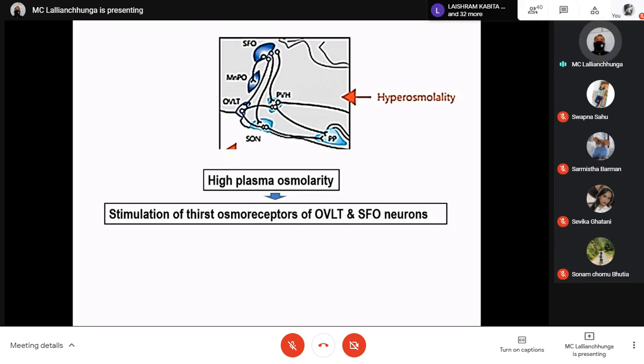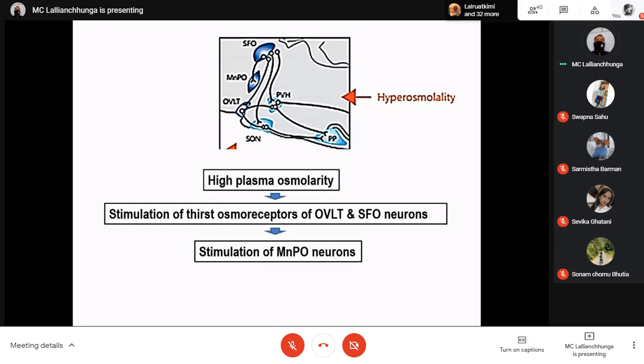In the interstitial fluid surrounding the osmoreceptor, there will be a high concentration of sodium, and osmosis will take place from the osmoreceptors into the interstitial fluid. So we can say that the osmoreceptors in the OVLT and SFO neurons are stimulated.